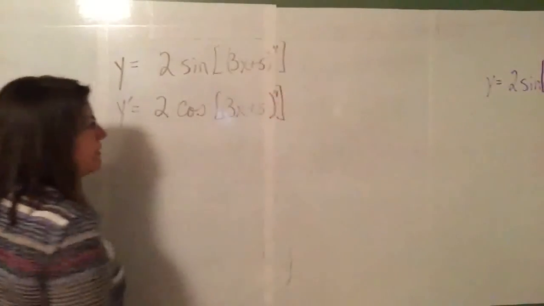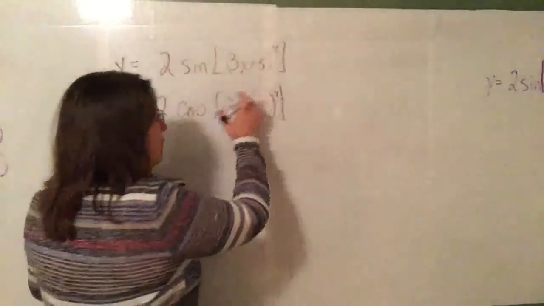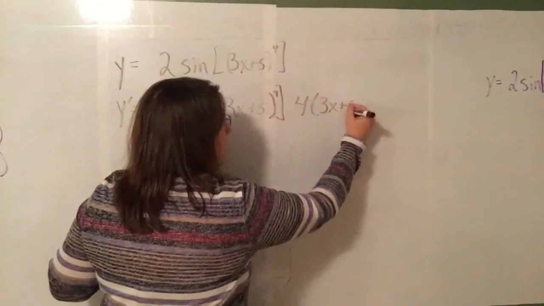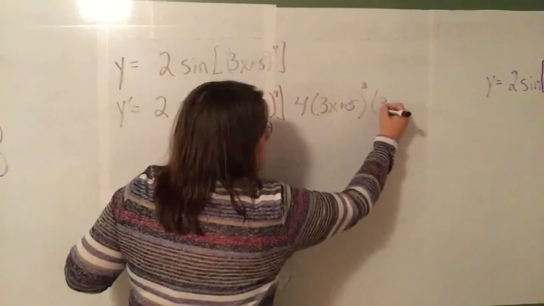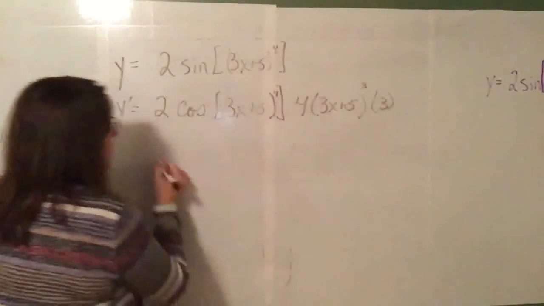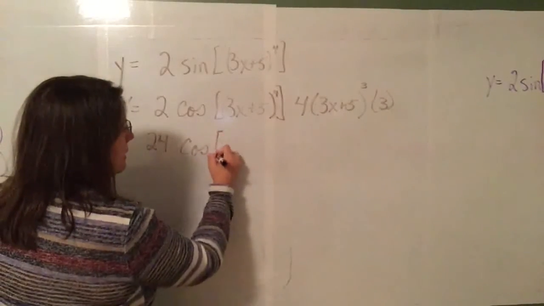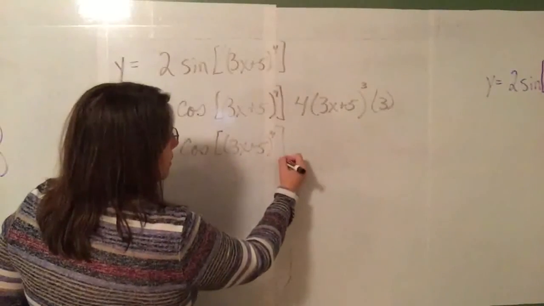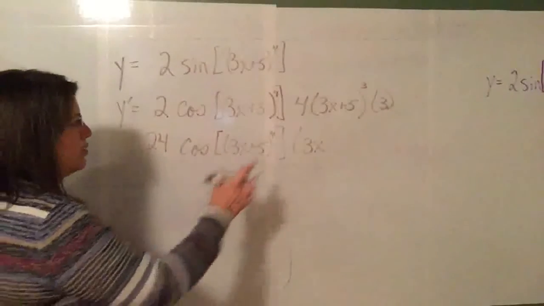And then I have to take the derivative of the angle part. Well, that in itself is the chain rule. So I do 4 times 3x plus 5 cubed times the derivative of the inside, which is 3. 2 times 4 is 8 times 3 is 24. So I have 24 cosine 3x plus 5 to the 4th times 3x plus 5 cubed, and I really should move that to the front.